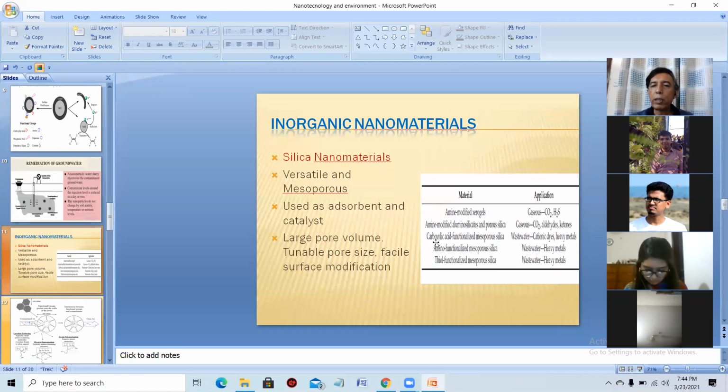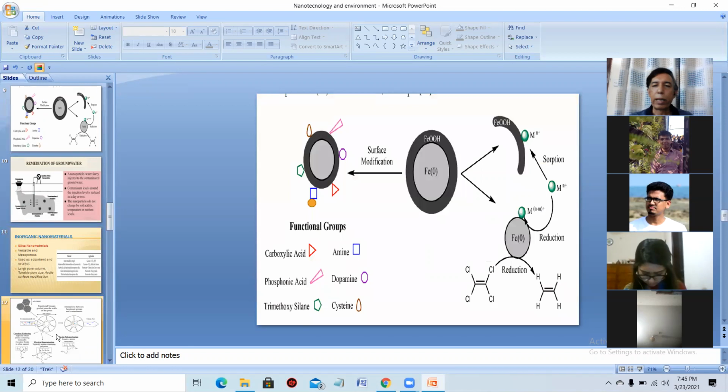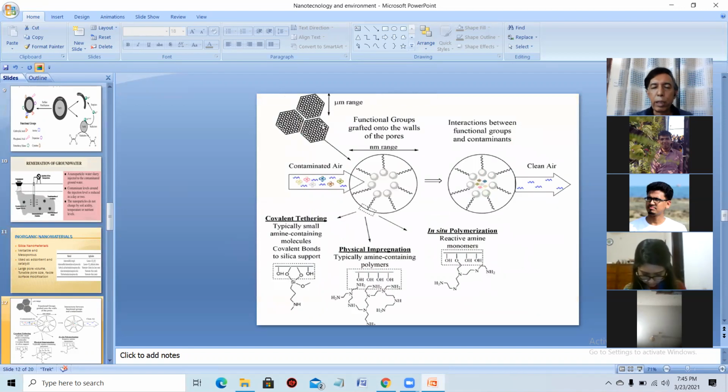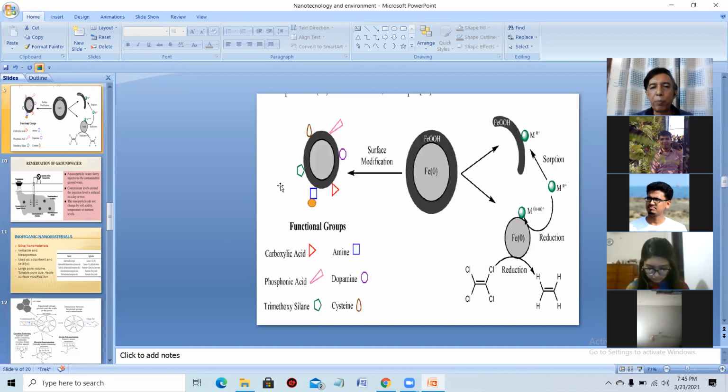Carboxylic acid functionalized mesoporous silica. What is that? Oh yes, I can show you. You see, this is a mesoporous silica. These are the pores of silica. So if carboxylic acid is grafted like that, say for example, here it is carboxylic acid.